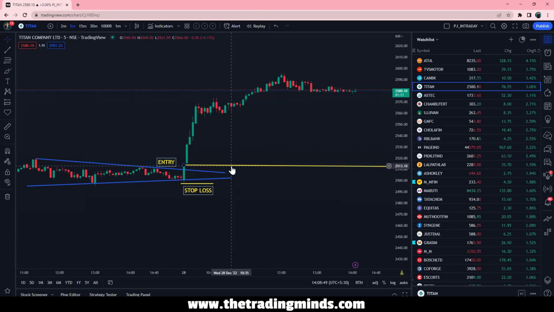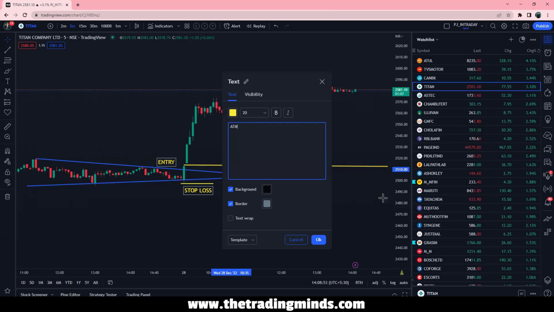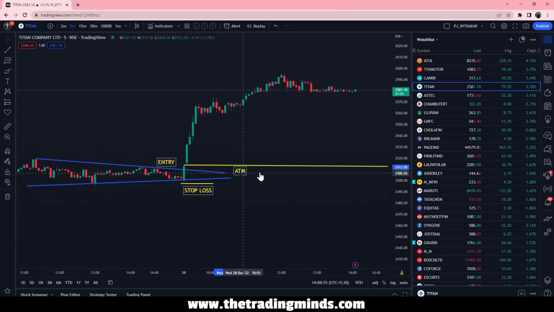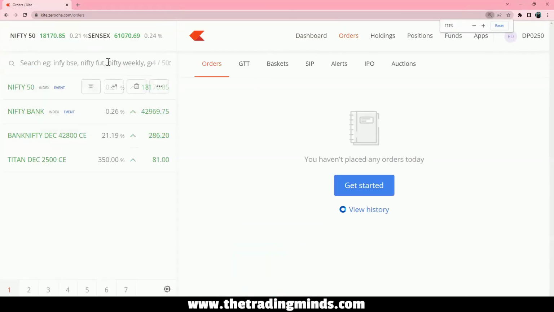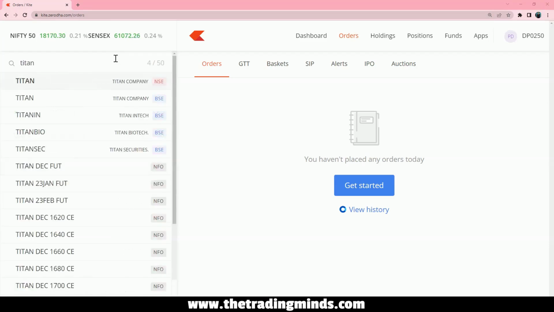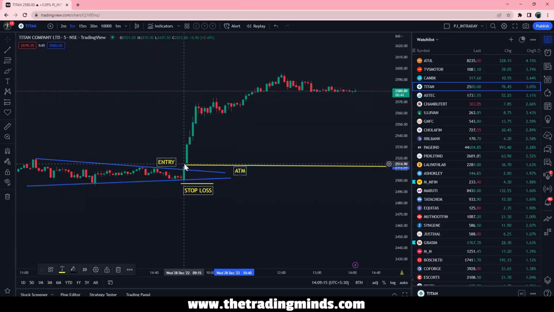So the nearest strike price you buy is called the ATM option. The nearest strike price is the nearest whole figure. Let me open the Zerodha terminal for you. See, this is the Zerodha terminal. If I go to Titan, what is the running price here? What is the price at which I have to buy?